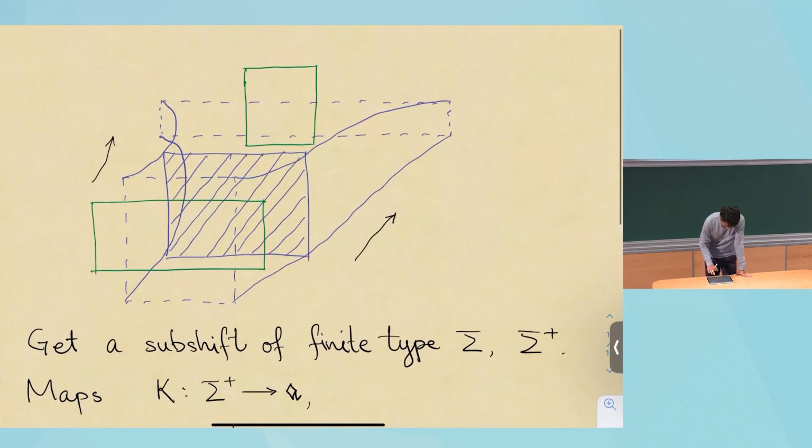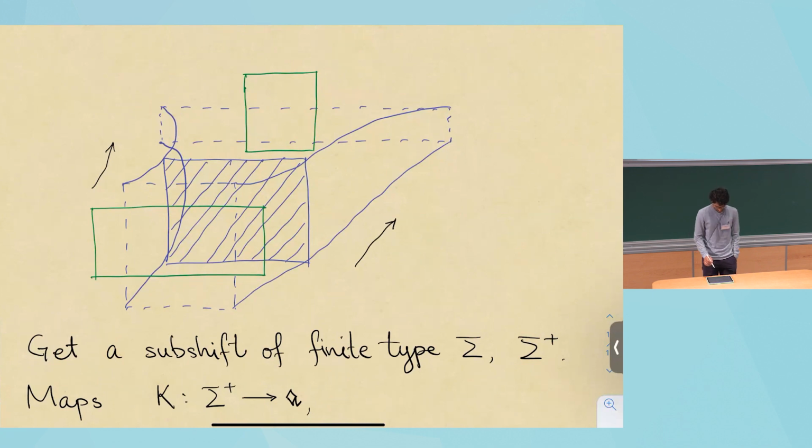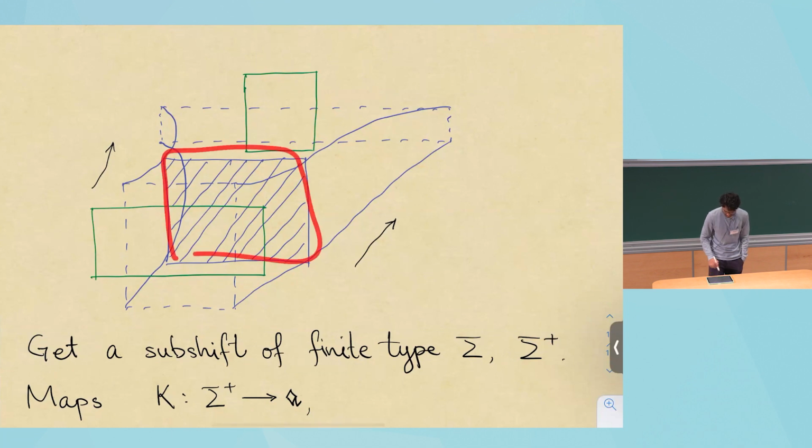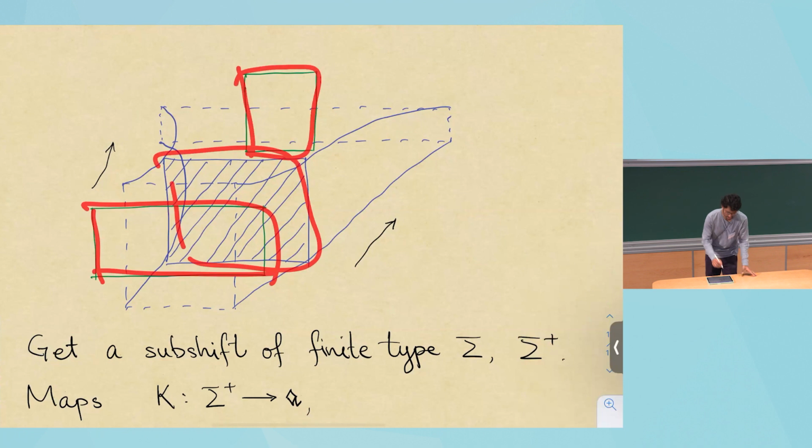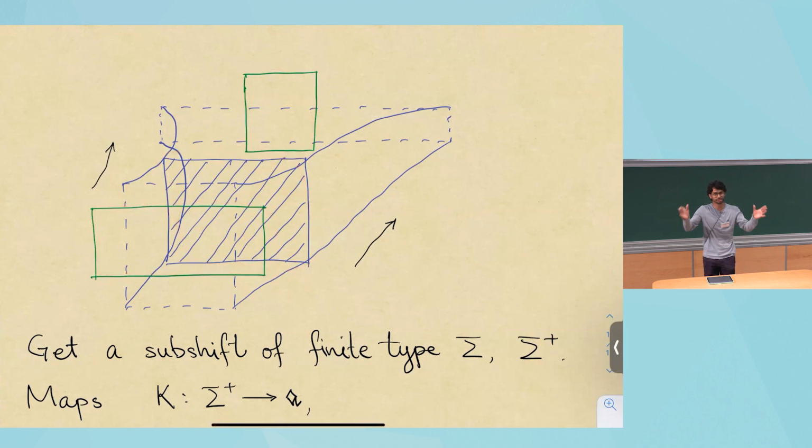So to remind you what a Markov section is, you have some pieces of submanifold of this form, where the unstable direction is in this horizontal direction, and the stable direction is this vertical direction. And you have finitely many rectangles, which if you flow them by a certain amount of time, they fill up the whole space. And they have this very important property.